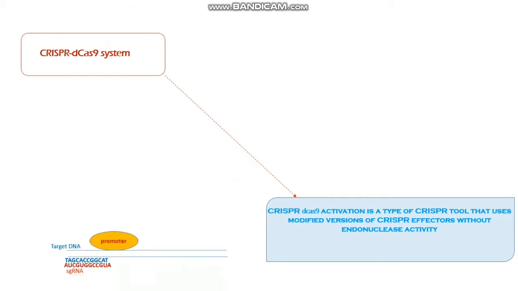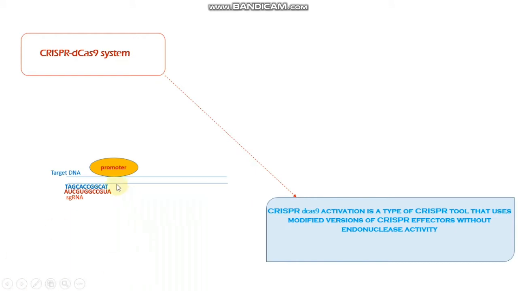Alright. So when the target DNA contains a part of the sequence that matches the guide RNA, and that guide RNA binds with the target DNA, then the dCas9 system binds with the promoter, and it regulates the gene transcription by activating or suppressing.